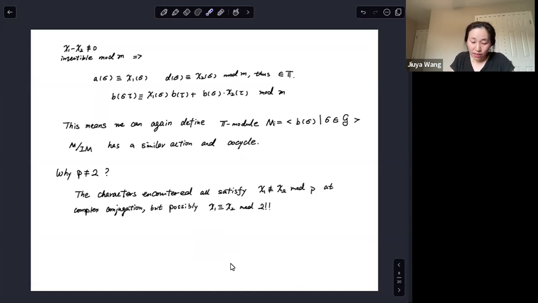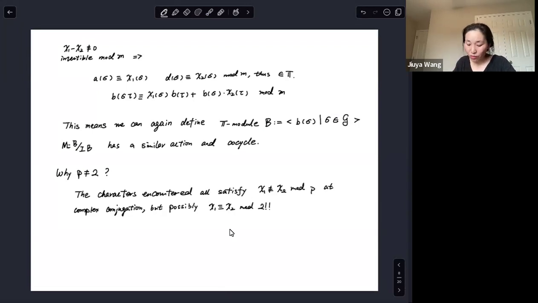Then the multiplication still gives you this congruence for the B coefficient. This means that now you can again define the T module, which is M mod IM, has a similar Galois action, and you can also define the cocycle in a similar way.